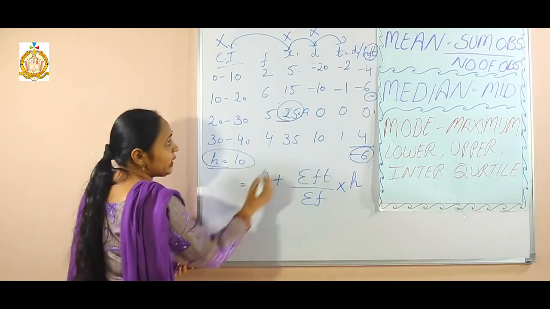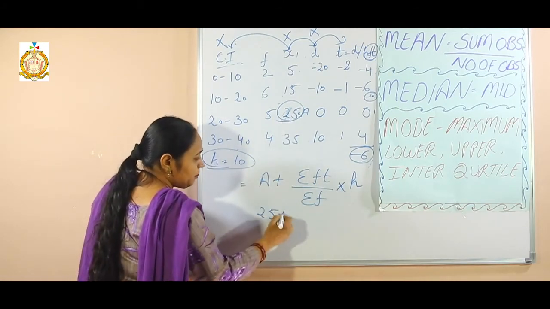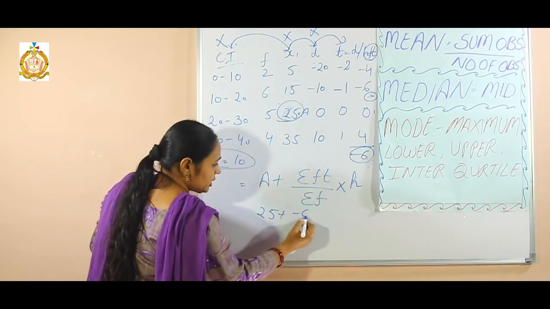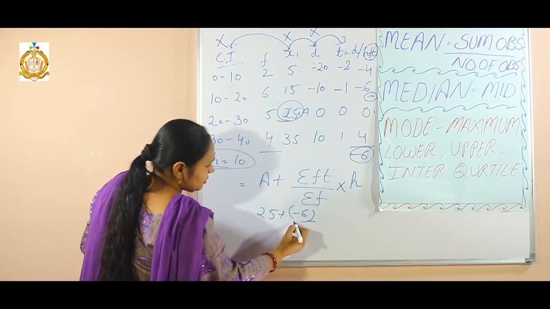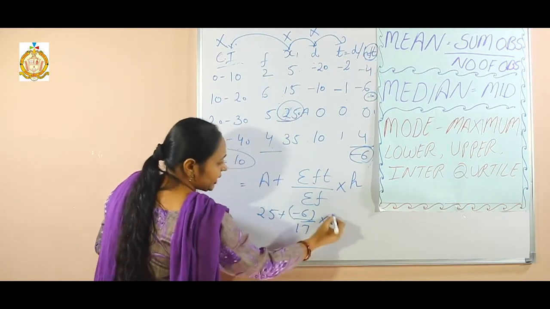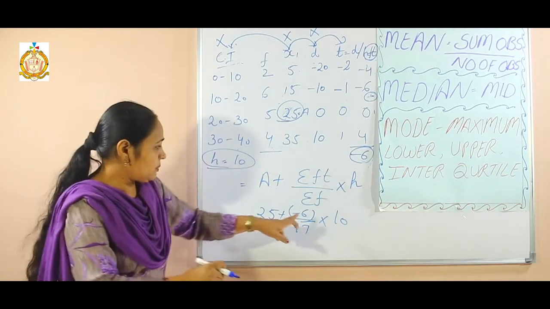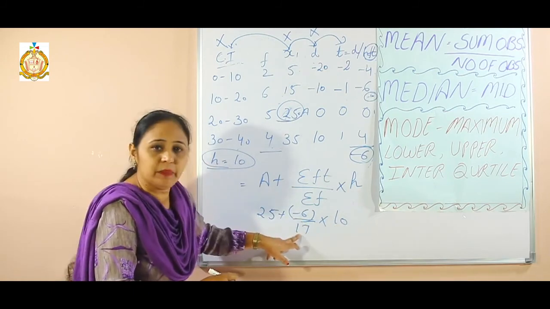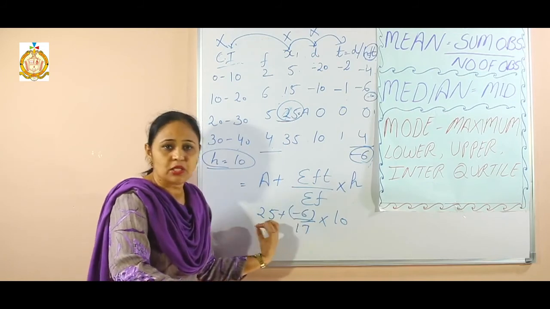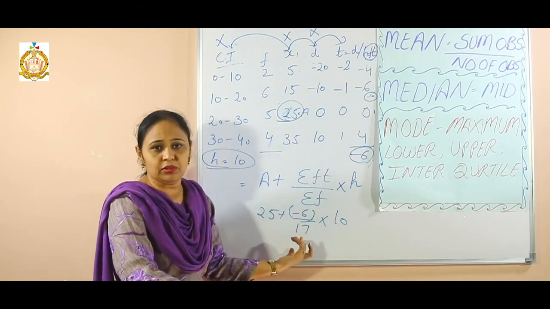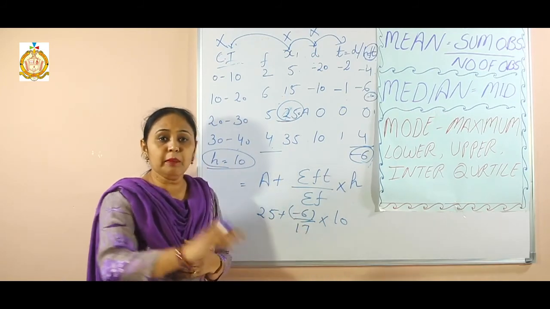Now the value of A I taken as 25 plus summation of ft is minus 6. Summation of f is 10, 15 and 17. Multiply h, I took h as 10. Now this becomes minus 60 divided by 17. It becomes a decimal value. Then add to the 25 minus that, there will be some value. That will become the mean, and mean will be same.